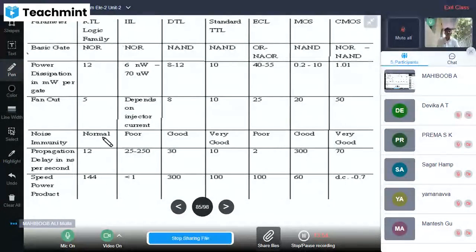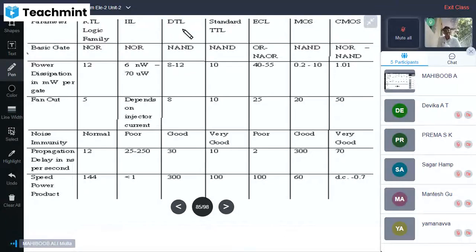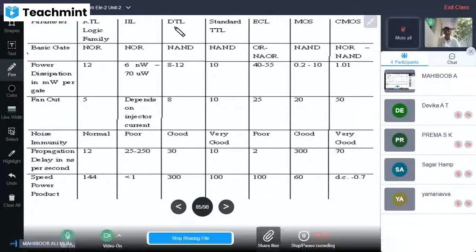Fan out, especially for these basic gates: the RTL family is 5. The IIL family depends on the injector current, based on which the number of gates connected is decided. DTL is 8, TTL 10, ECL 25, MOS 20, and CMOS a total of 50 fan outs.